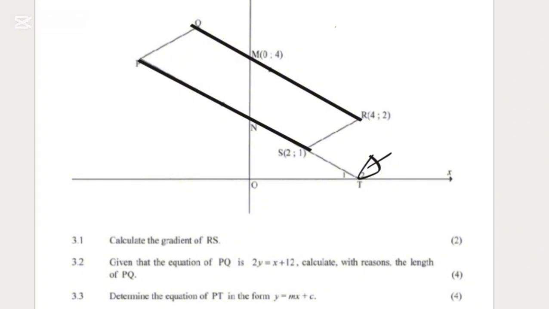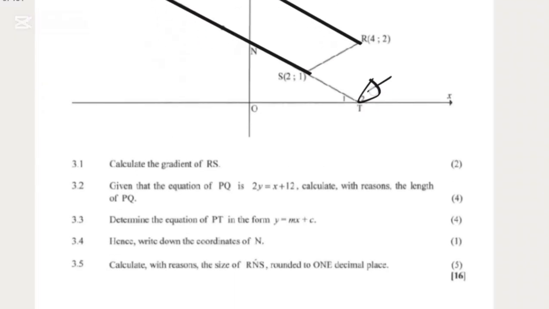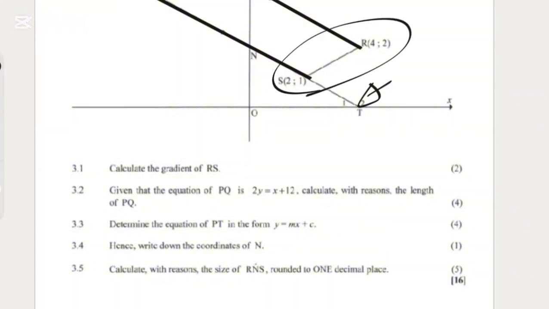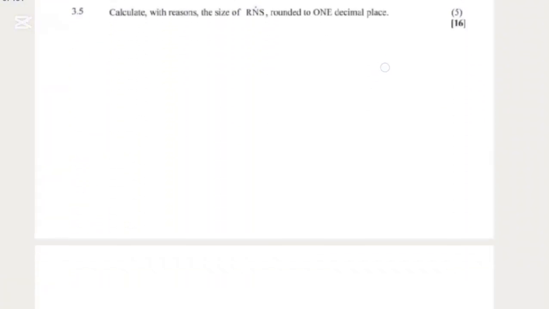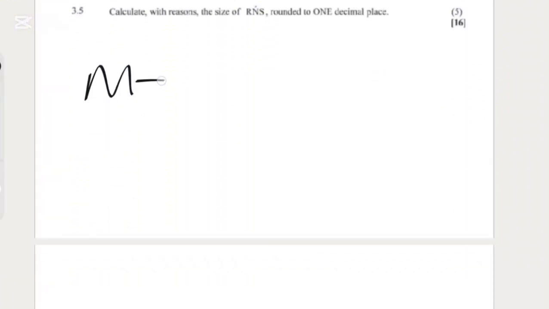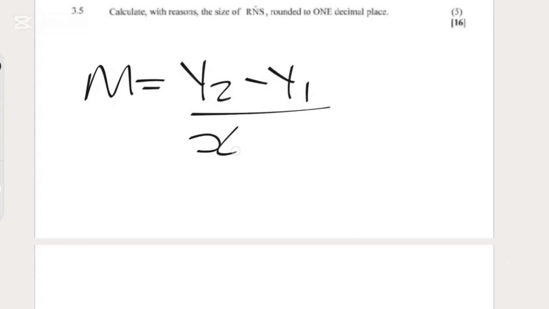Calculate the gradient of RS. This is easy marks. Gradient of RS, they mean this line. So you just use the formula for gradient, which states that m is equal to y2 minus y1 over x2 minus x1. Don't mess around and make x to be y and y to be x.